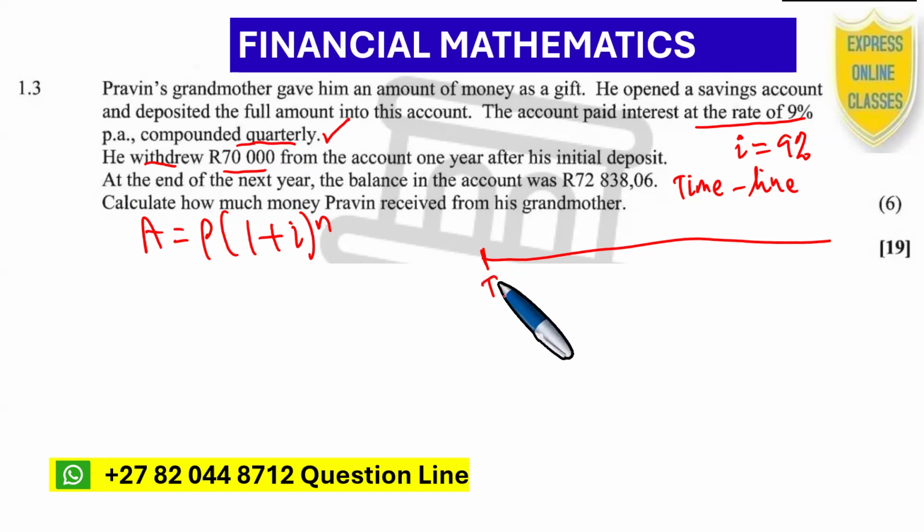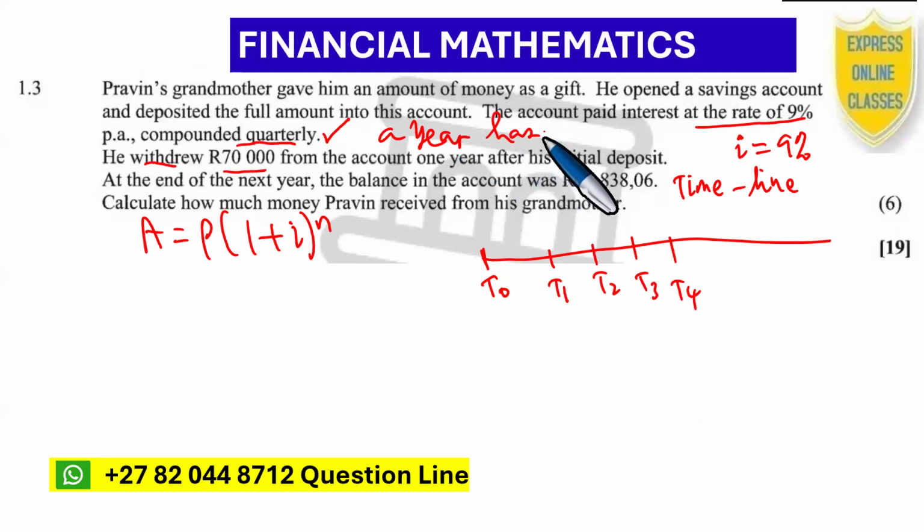So there's something called time 0 in the beginning, time 1, time 2, time 3, time 4. Every year has 4 quarters.